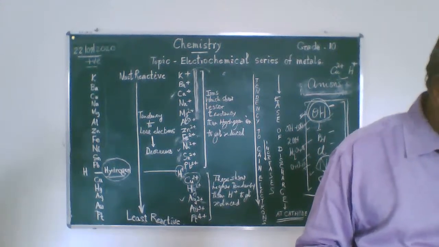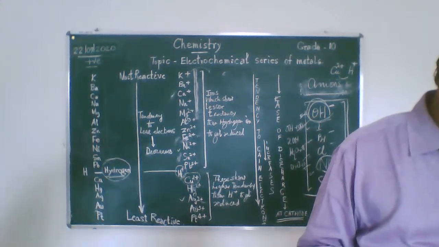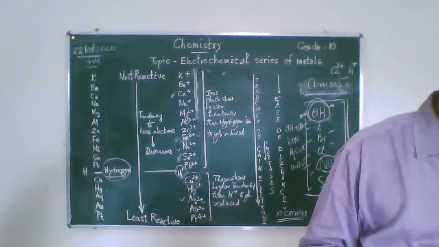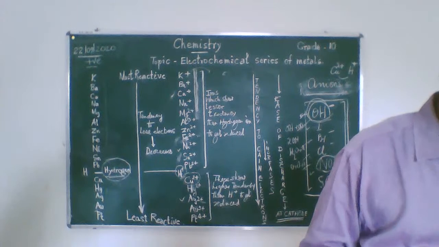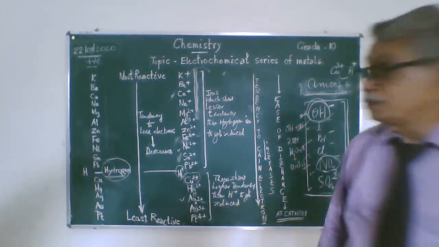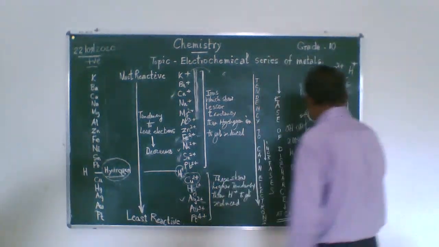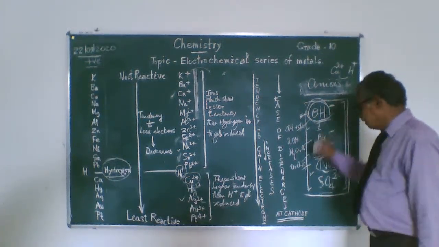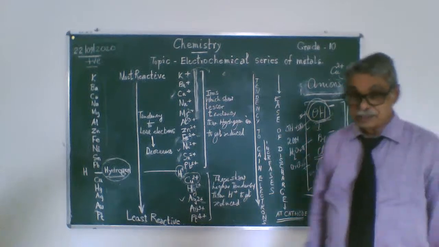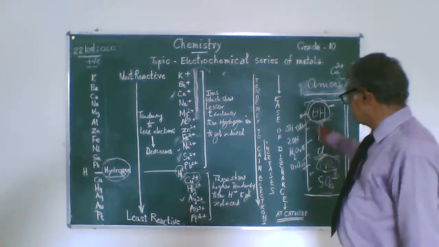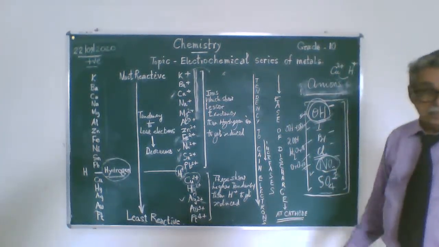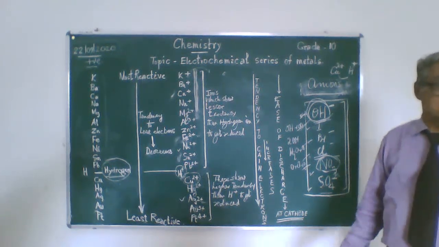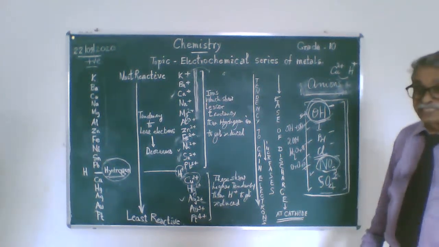There is chloride ion and hydroxide ion. Two anions. In selective discharge of ions, what will come out first? I don't hear you. If you all answer, probably I would have heard it.